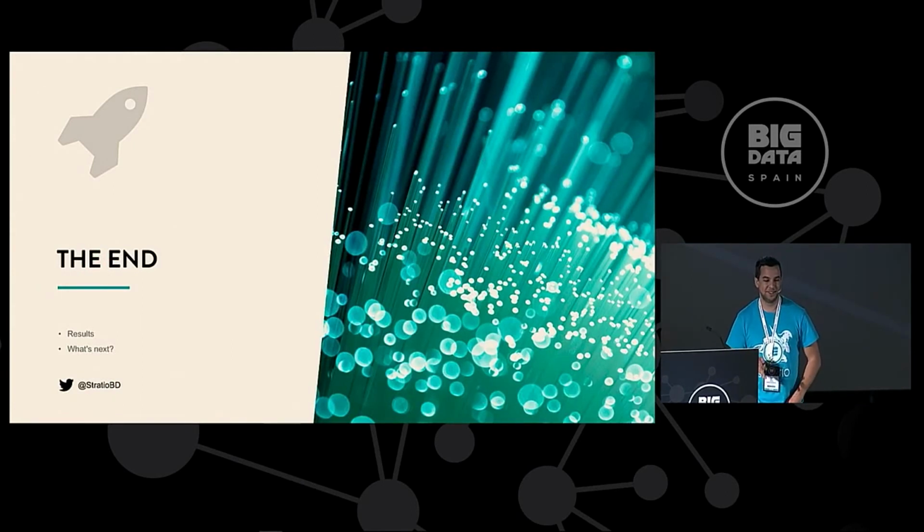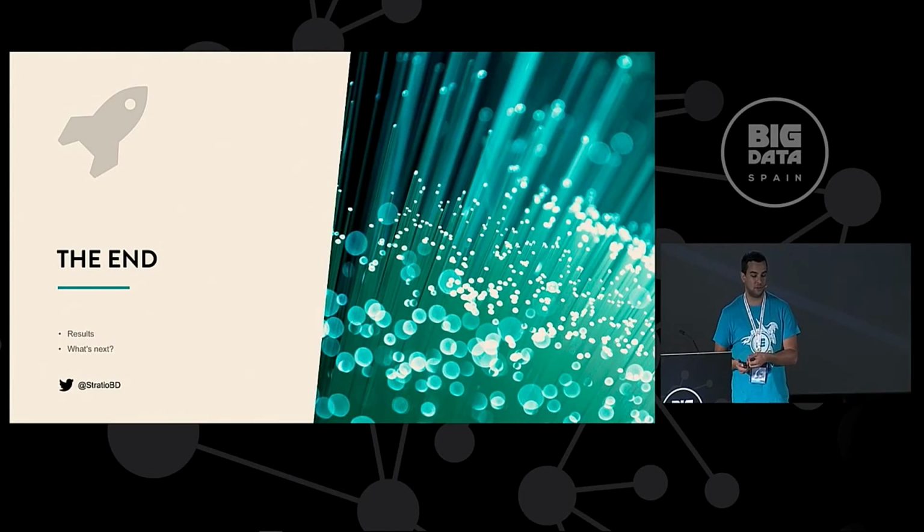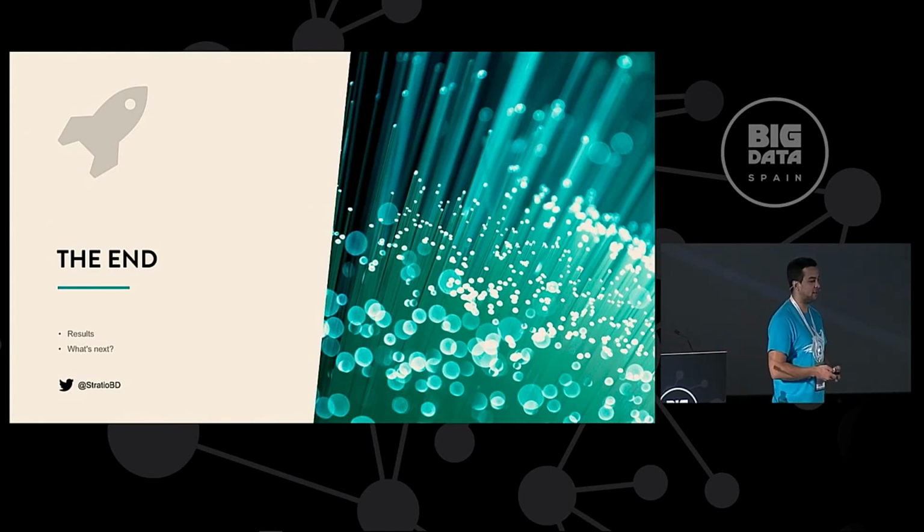This is the end of the talk. And just the consideration that thanks to this small environment, extracting different data sources from our massive graph, now we have been able to offer new information.